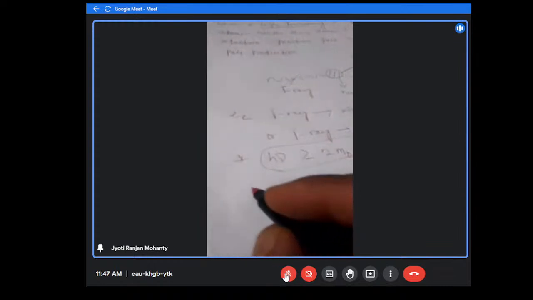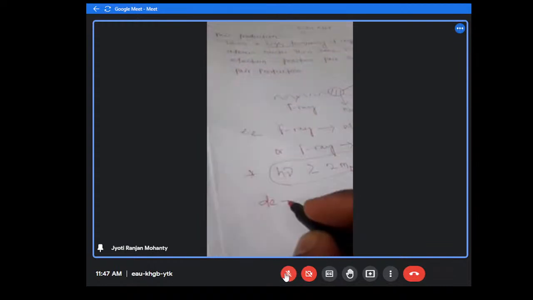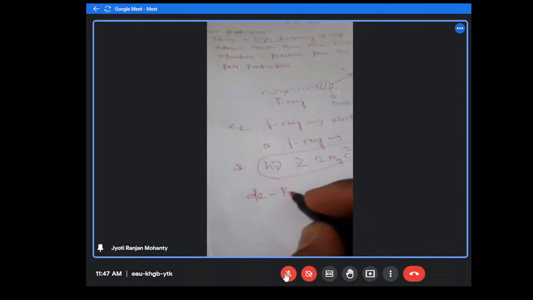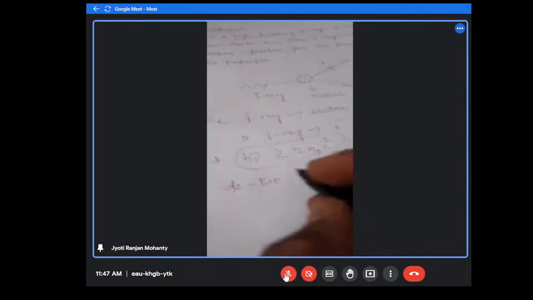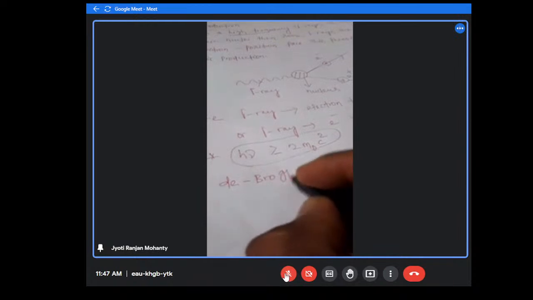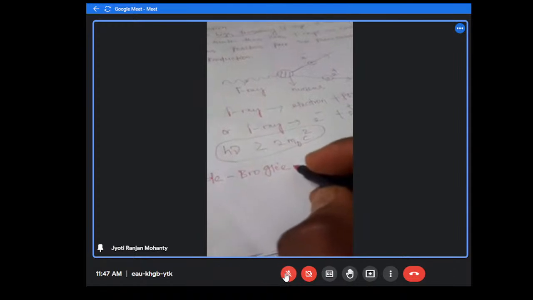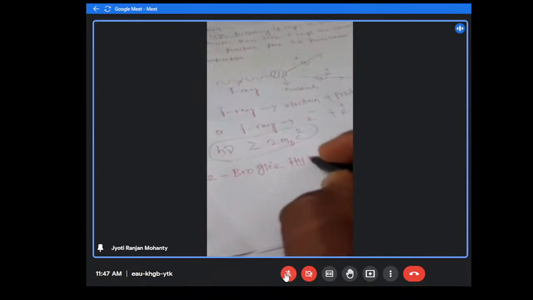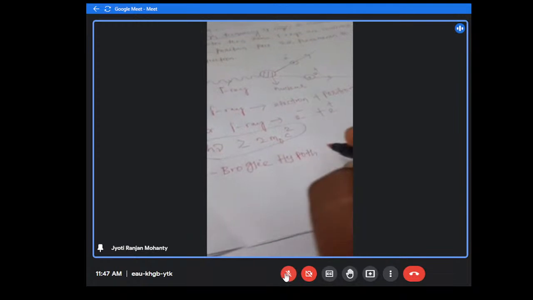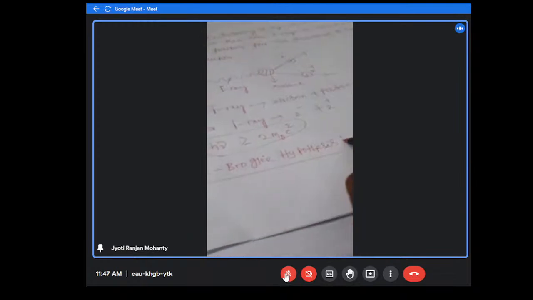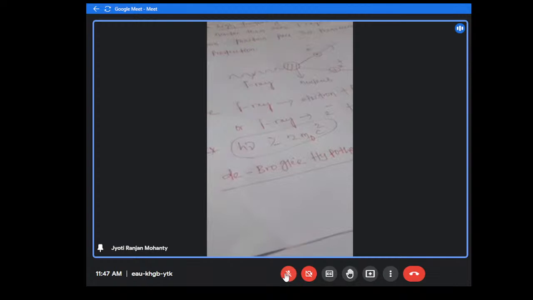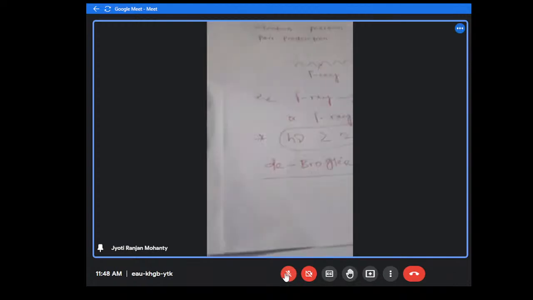So next, write De Broglie, spelled d-e, b-r-o-g-l-i-e, hypothesis. We completed the particle aspects of the radiation.